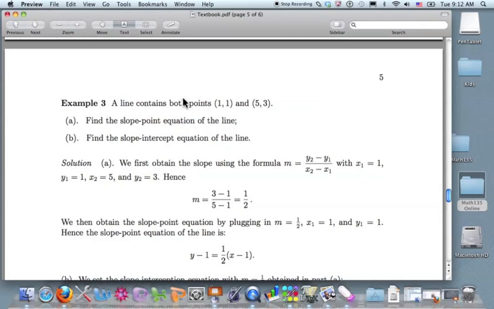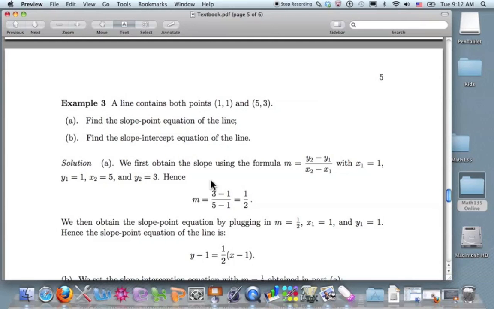Example 3: we are given 2 points on the line, and we are looking for the equation of the line. In that case, we need to find the slope first. So plug in these 2 points to find the slope, and notice that the points have to be in the corresponding location.